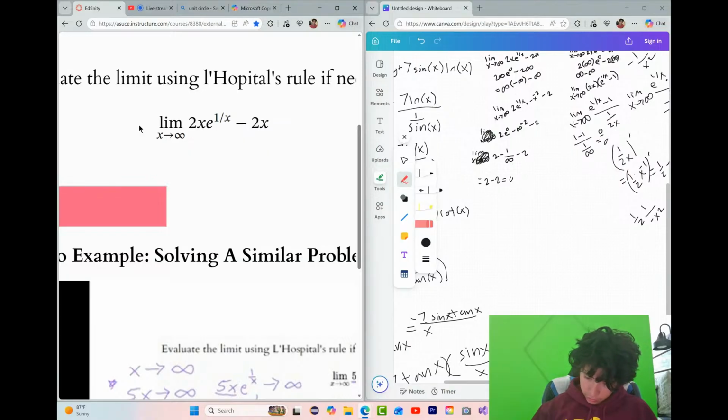Okay. Oh yeah, and we do something with that. The derivative of negative 1. Yeah, no, we don't.